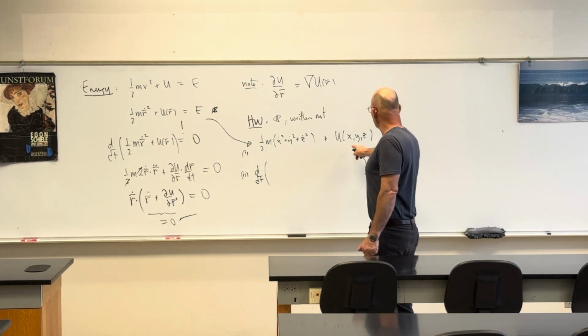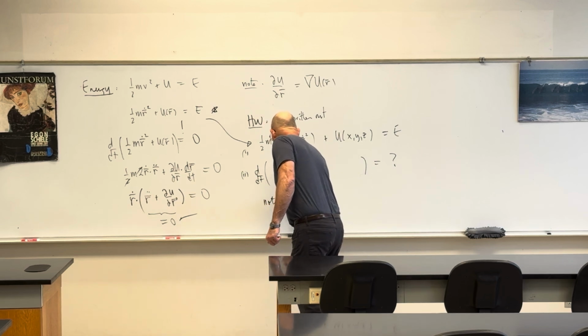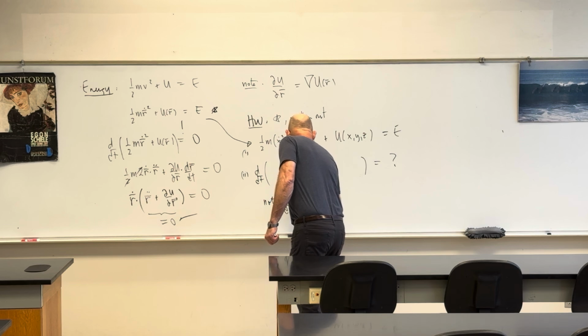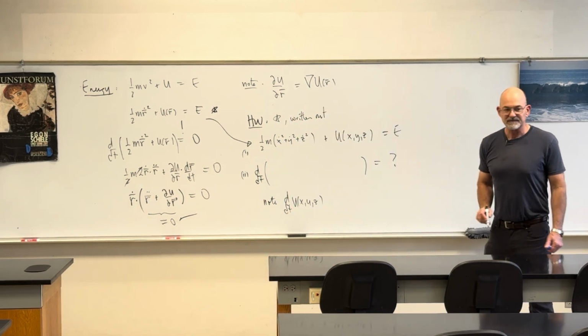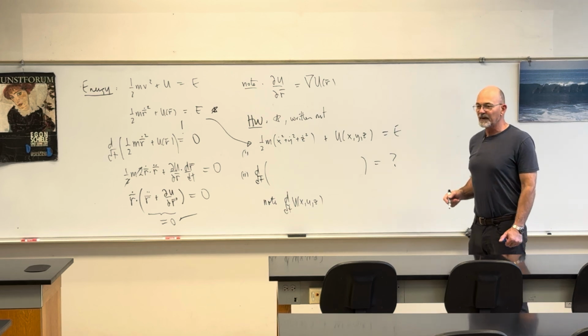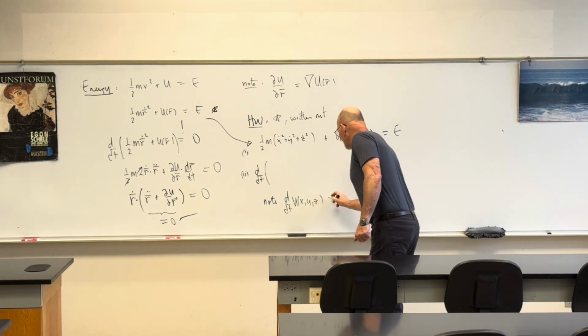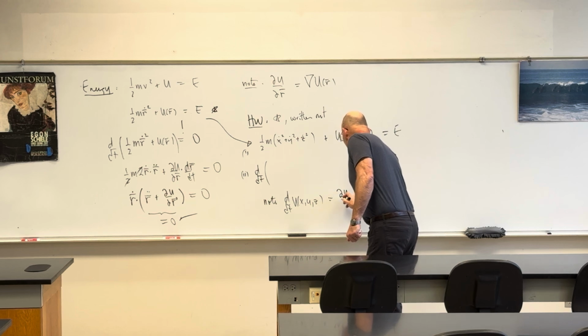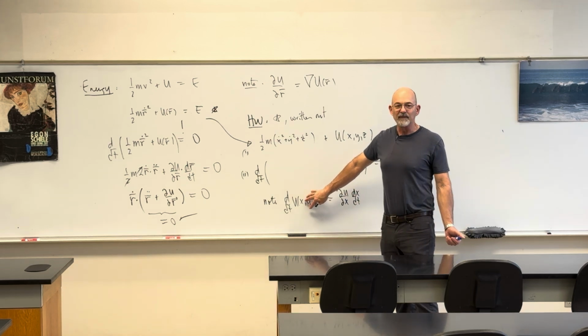And what about the complete time derivative of u of x, y, and z? This is where you have to remember your multivariable chain rule, because that would be du/dx, dx/dt. If it were only a function of one variable, it'd be done, right?